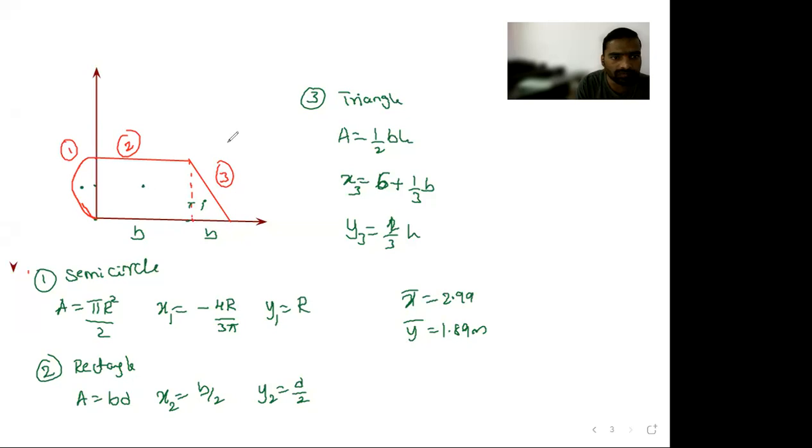So I will draw the reference axis. This will be CG. Then this is X bar and this is Y bar. So I will write this is X bar and this is Y bar. Everyone, is it understood? Yes, sir. See, I am not locating this X bar from this edge.